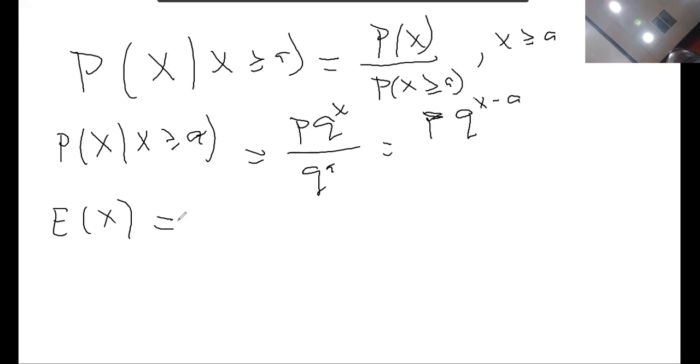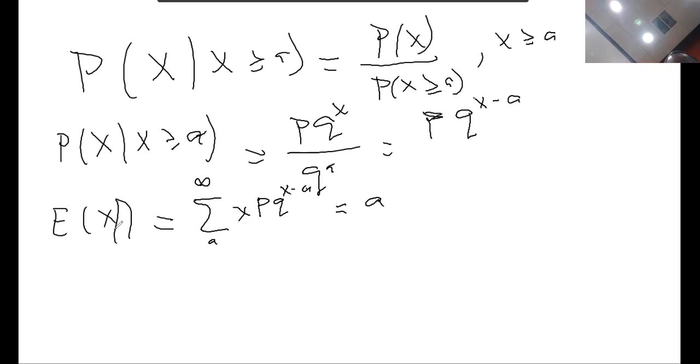So we have the expectation of x is equal to the sum of x times P times q to the x minus a, to infinity, which is equal to a times what? Starting with a, what is the first term, when x equals a?